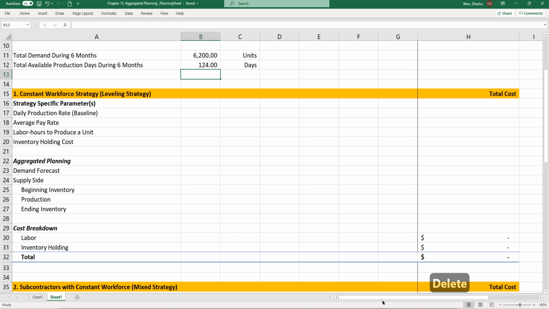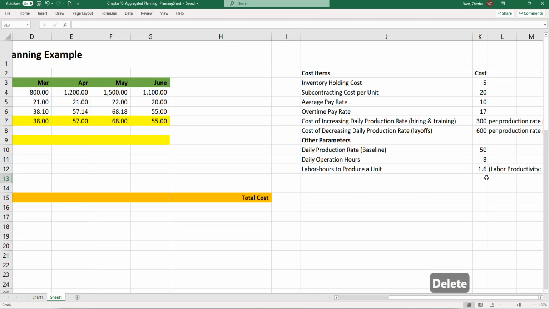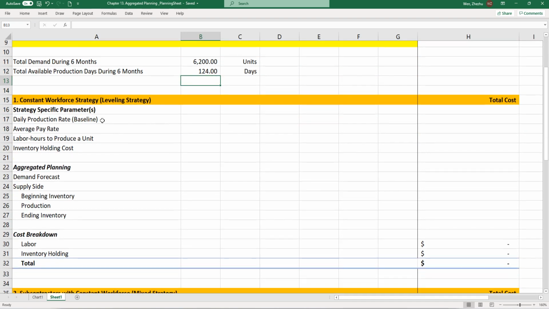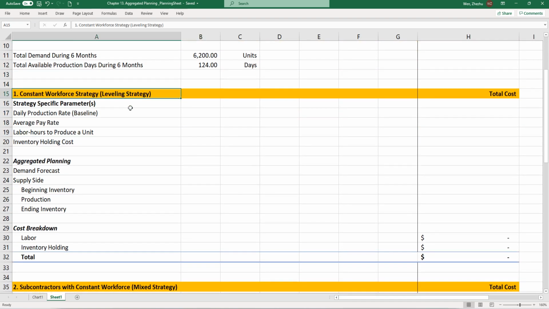I know that there are other additional sets of parameters available here, and we already discussed them in an earlier section of this video. So the first strategy is a constant workforce strategy, which is called a leveling strategy. The characteristic here is we keep a constant number of people, and then we are using a constant production rate because the number of people are not changing.